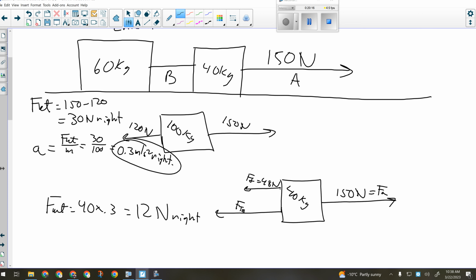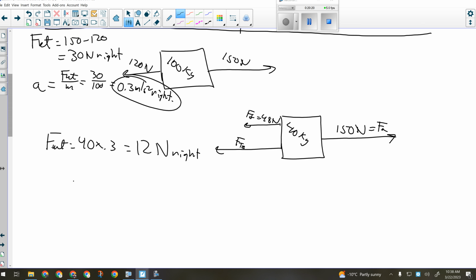All right, so I know F net, and I know that for the 40 kilogram block, F net equals the applied force, 150 newtons, plus the force of friction, negative 48 newtons, plus the force of tension from cable B, which I don't know, but it's what I'm looking for. So I know the other three.